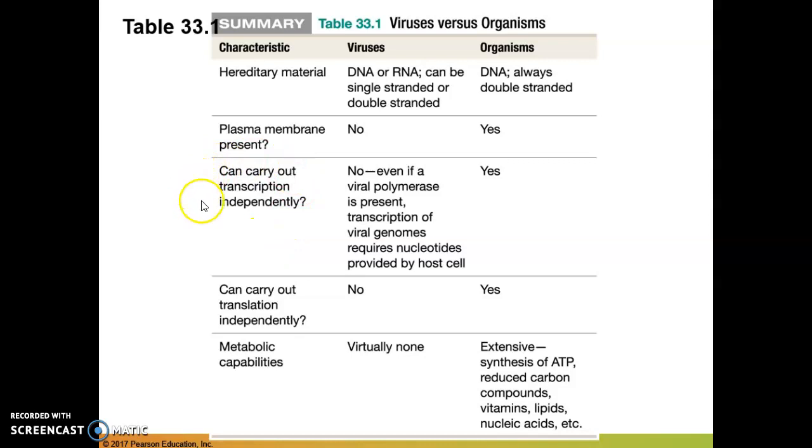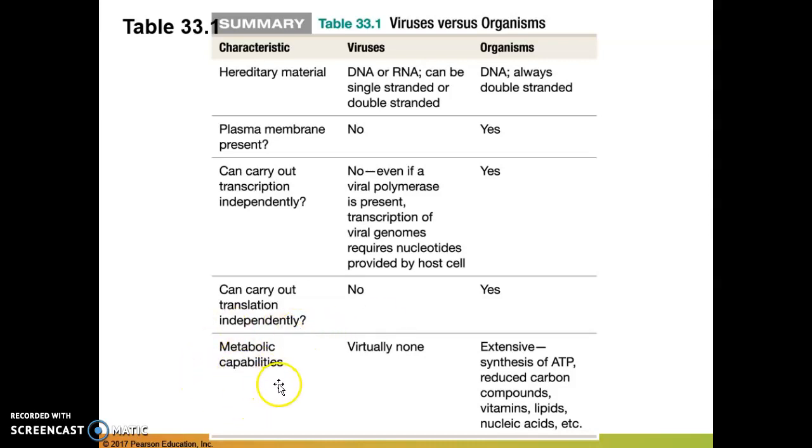Do they carry out transcription independently? Basically, no. They are going to utilize all the machinery of the host cell that they infect to carry out transcription and translation. We'll describe where they might bring a polymerase with them in a later lecture.